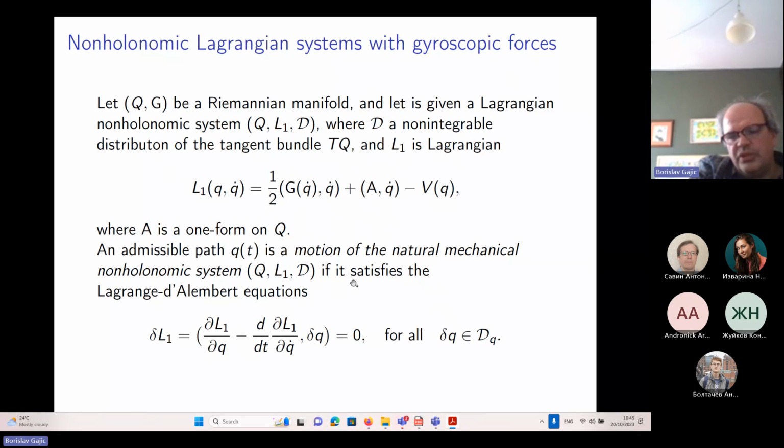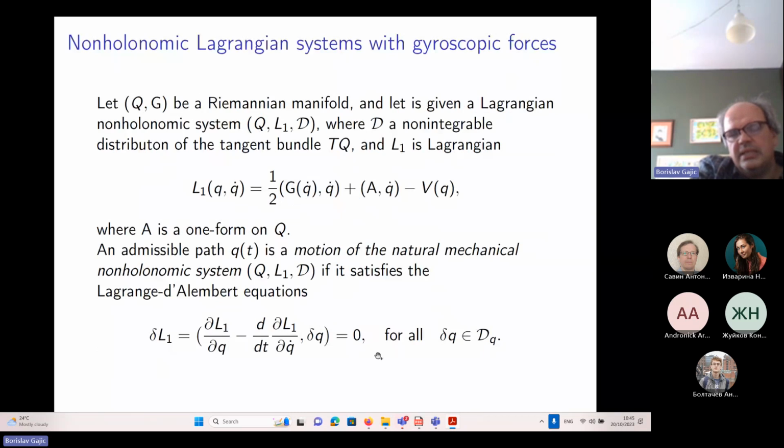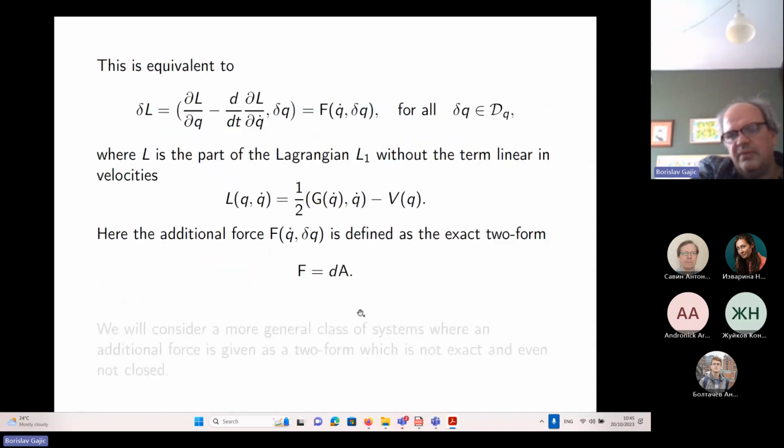This equation of motion from the Lagrange-D'Alembert equations can be seen in an equivalent way: with a standard Lagrangian, the equation can be written in this form, where we have an additional force.